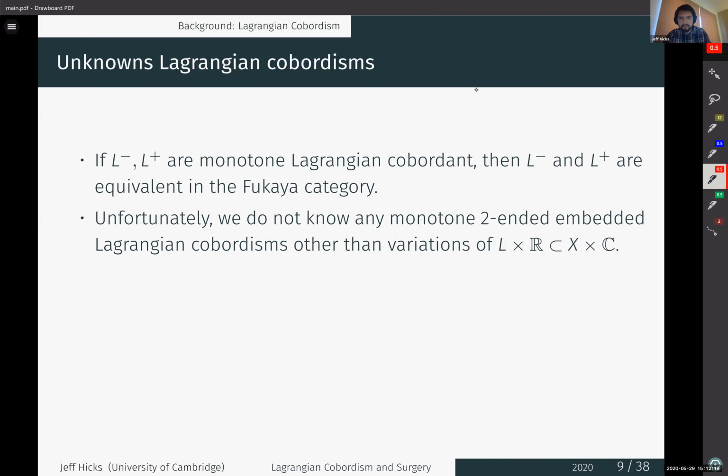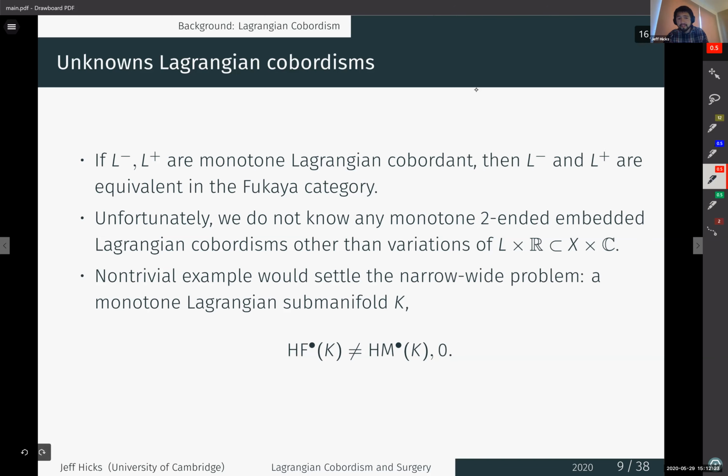And there's some indication that this is actually a fairly tricky problem. So for instance, if we had a non-trivial example of such a cobordism, then we would settle the narrow-wide problem, which asks, are there monotone Lagrangian submanifolds whose Floer theory is non-zero and different from their Morse homology?